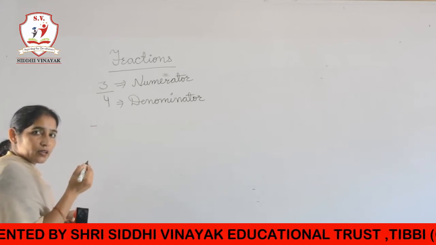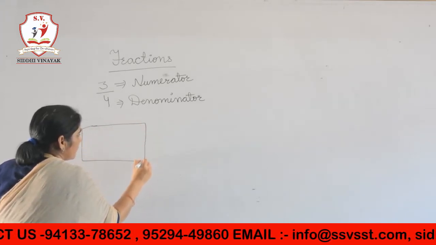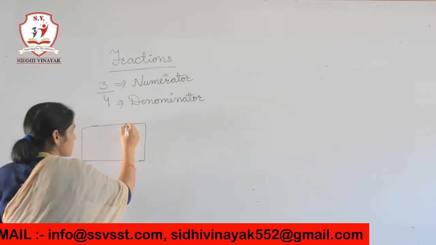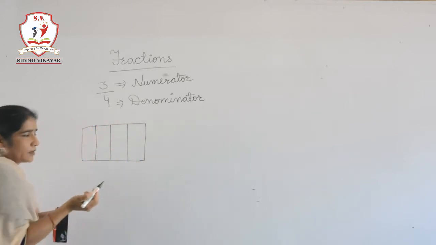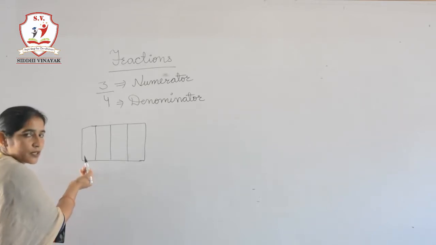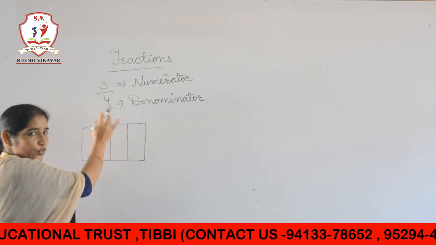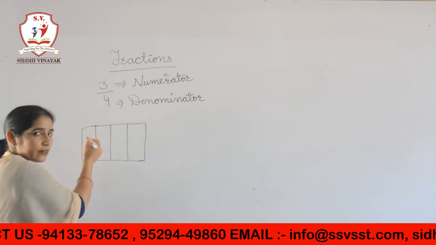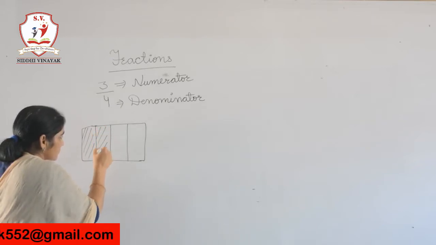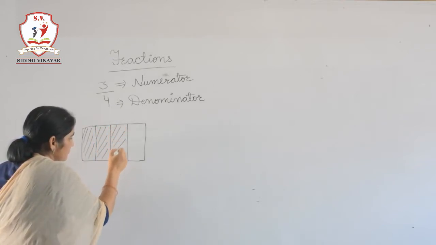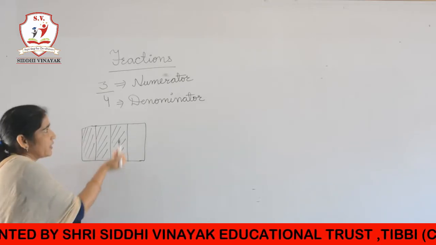We take a figure. We divide it into four equal parts. Equal parts are 4: 1, 2, 3, 4. So 4 is our denominator. We color three parts. We count the shaded parts: 1, 2, 3. 3 is our numerator.